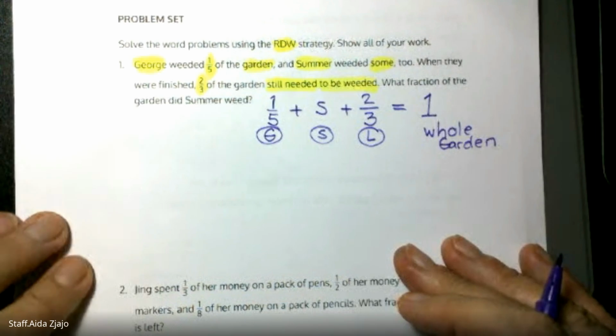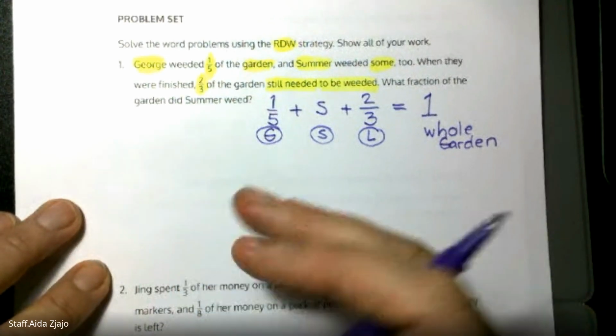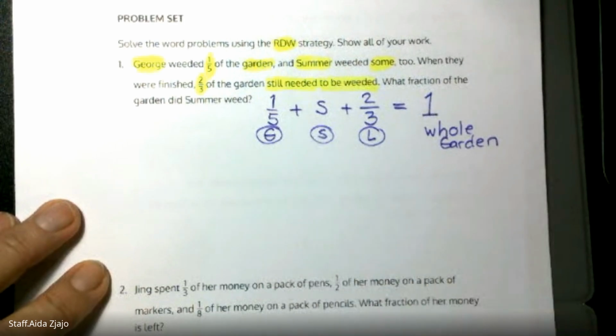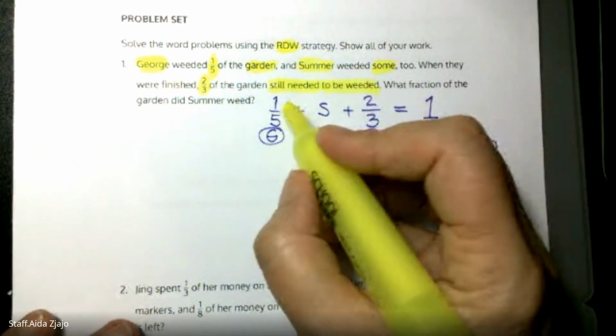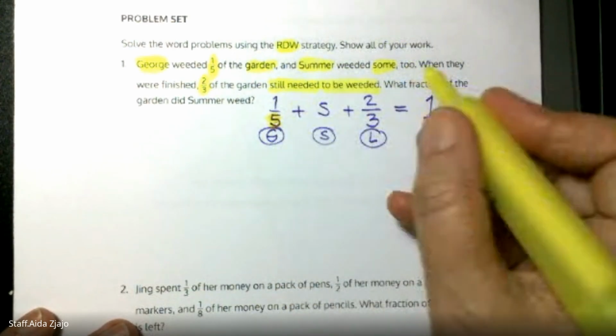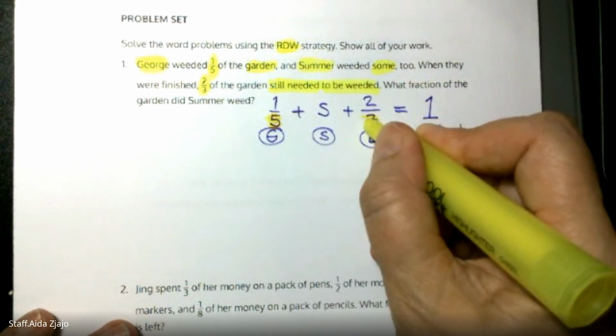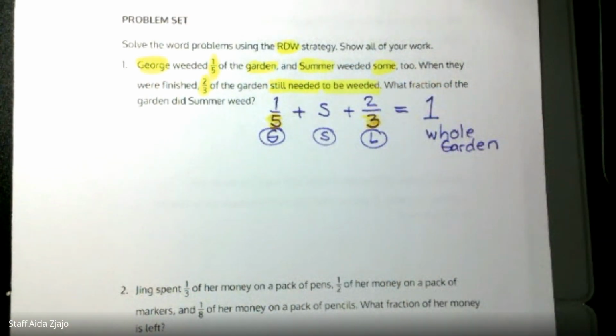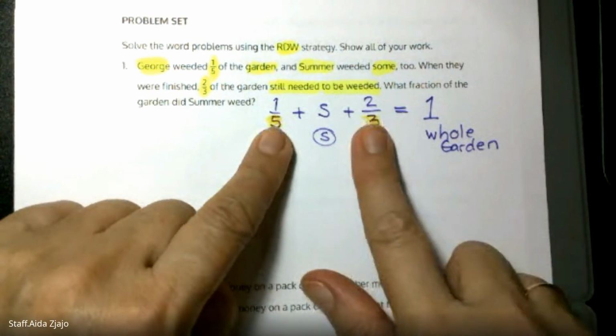Okay. So the fractions are not the same. The leftover is in terms of thirds, and George did fifths, so the pieces are not the same.